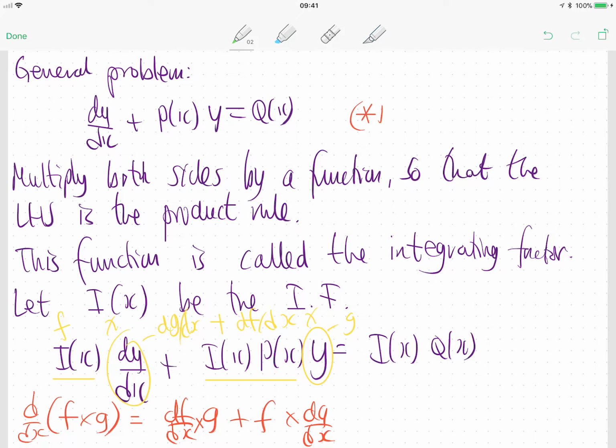For this to be true, I need this function here, I of x times p of x, to be the derivative of this function here, I of x. And this is the hard bit. So the requirement is for the left hand side to be the product rule, that the derivative of I, which is this one here, must be the same as this one here.